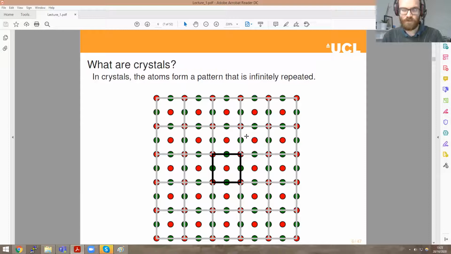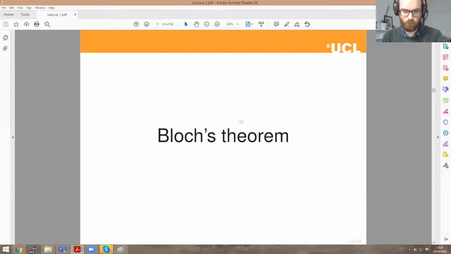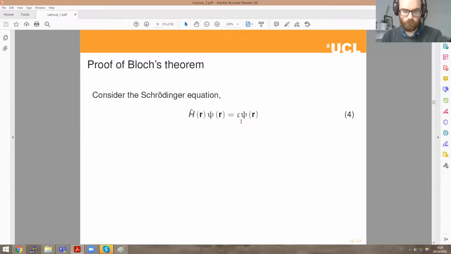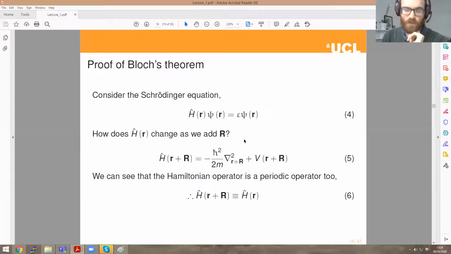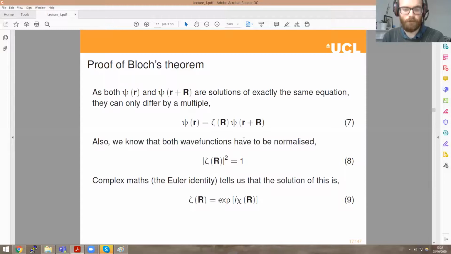So it's more able to reproduce the actual wave function of the crystal, because the wave function of the crystal itself needs a larger object to describe it than just the crystal symmetry of the atoms. But if we run through Bloch's theorem, this exponential part is still very tightly constrained in what it can be.